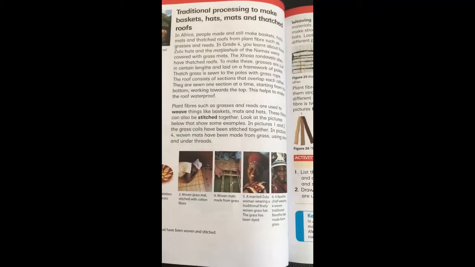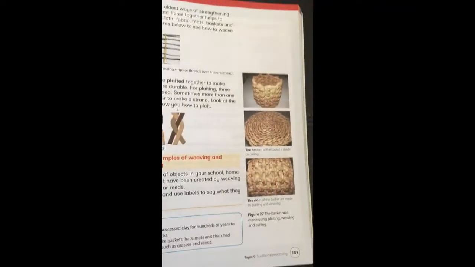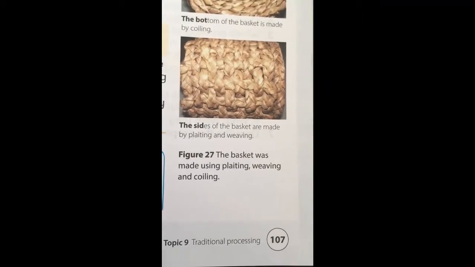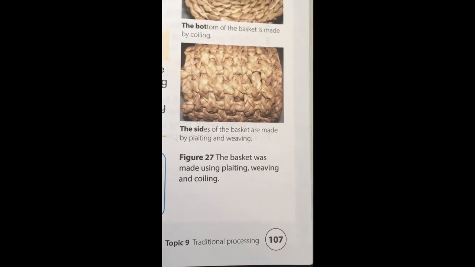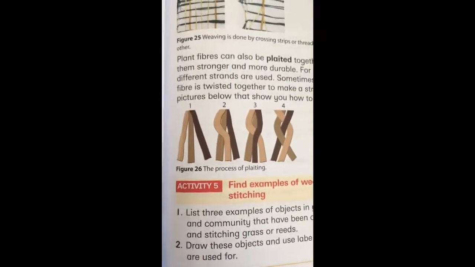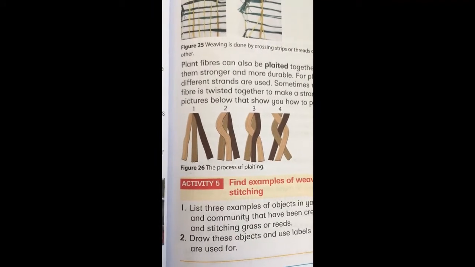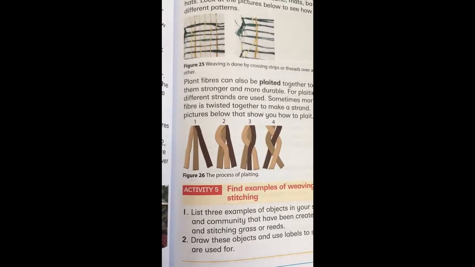The important thing here is to know the difference between the three things mentioned in figure 27, plaiting, weaving and coiling. So plaiting is like you see here in figure 26. It's also the same method we use to plait our hair, girls.